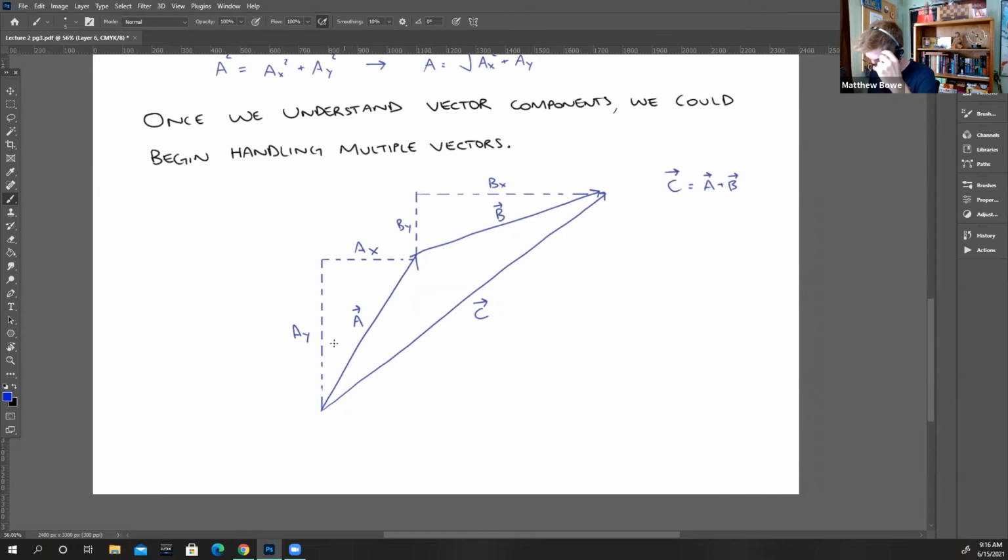And so hopefully with these steps you can see that if I add A sub X and B sub X, I will get this large resultant component down here that is called C sub X. Then if I add these vertical bits, I will get a large Y component. That is called C sub Y.